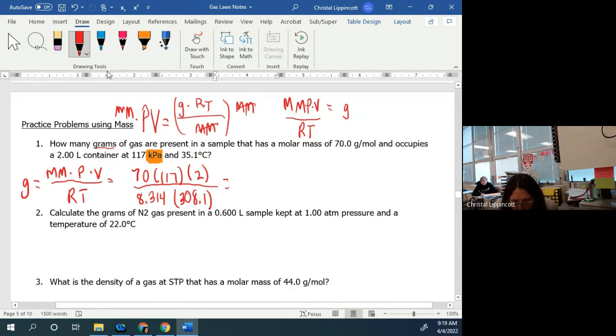I ended up with, and check my math because I have been wrong today several times, that's going to be grams, and they didn't tell us what kind of gas, so we're just going to say grams of gas.